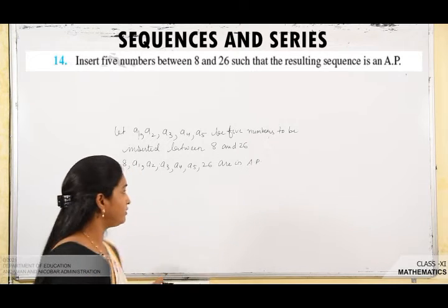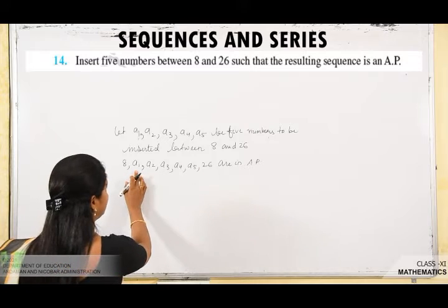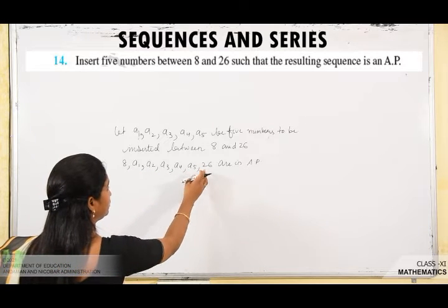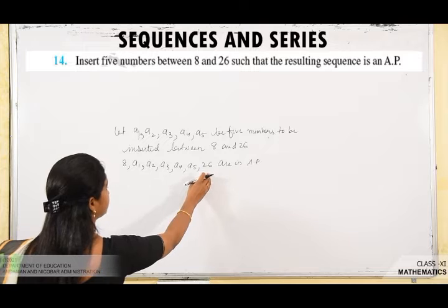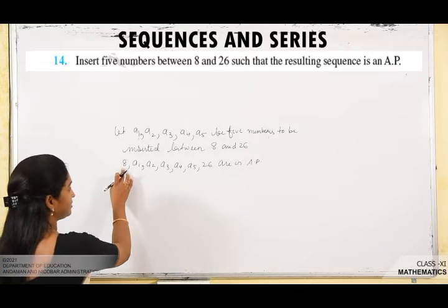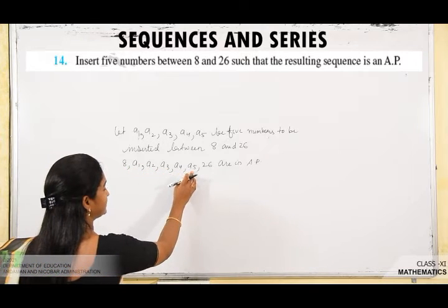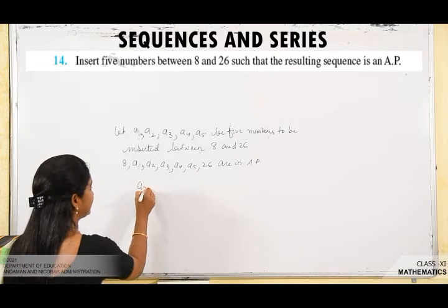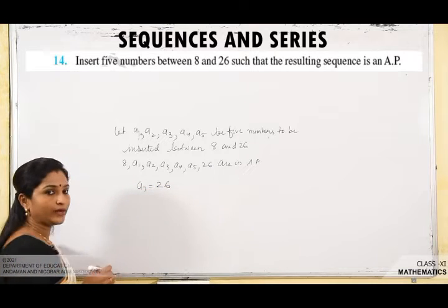There is one more method in which you can find the values of A1, A2, A3, A4 and A5. If you carefully see, this 26 is which term? 1, 2, 3, 4, 5, 6, 7. So this is your A7. A7 is 26.